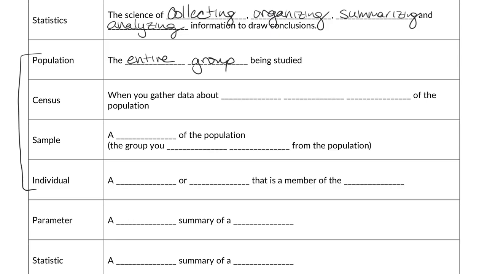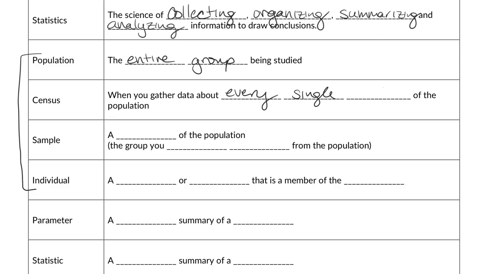A census, have you ever heard that word before? Census? Do y'all know what it is? When have you heard it used? In the what? Oh, like in the government, yes. The United States government does a census every 10 years where they gather data about every single member of the population.